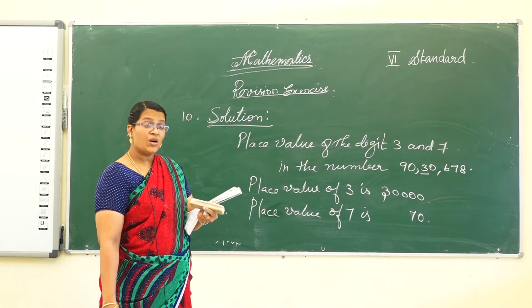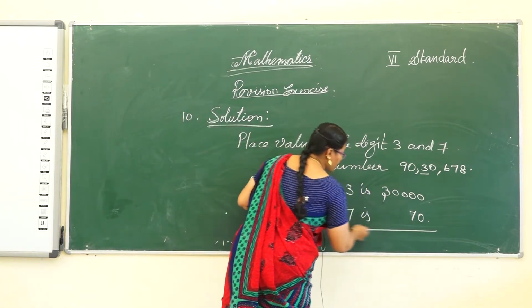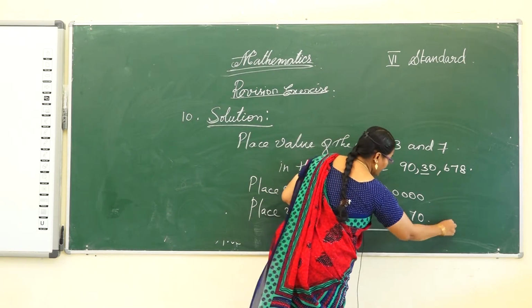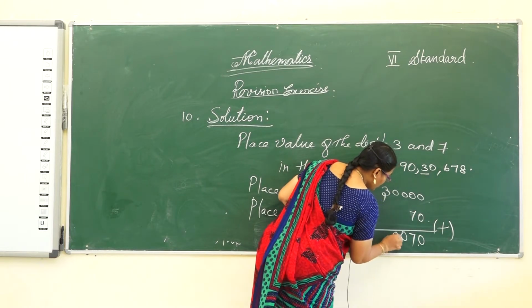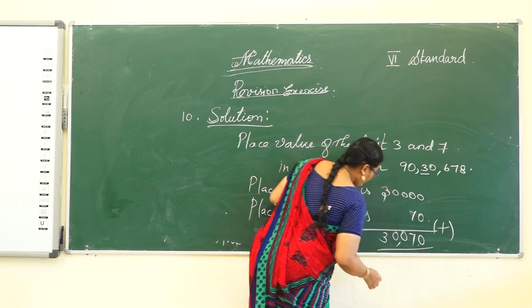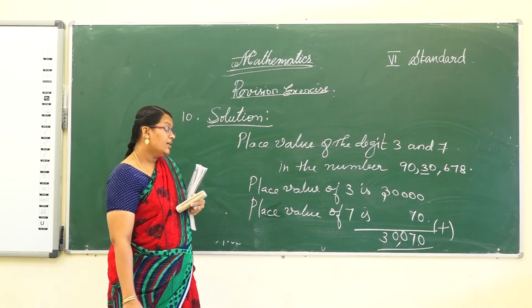Here find out the sum of the place value of 3 and 7. So we add these two place values. So the sum of the place values of 3 and 7 is 30,070.